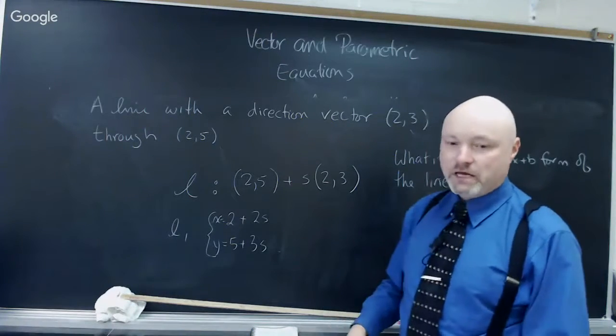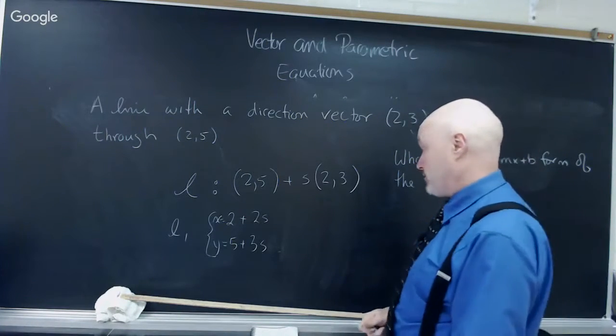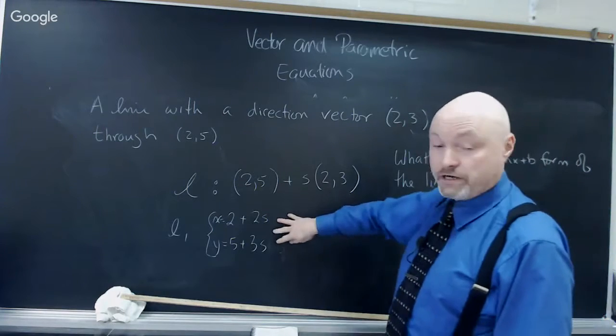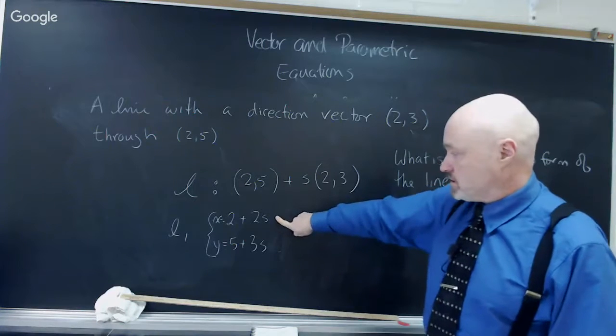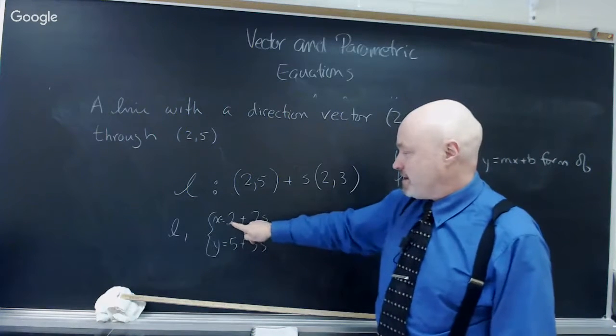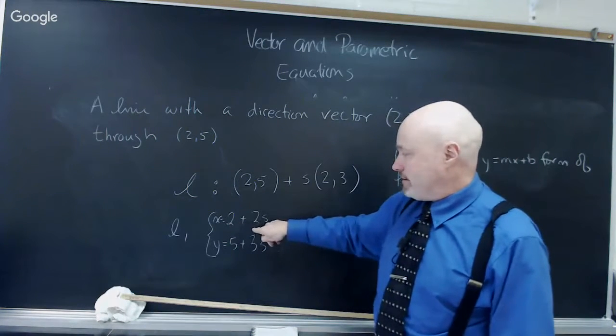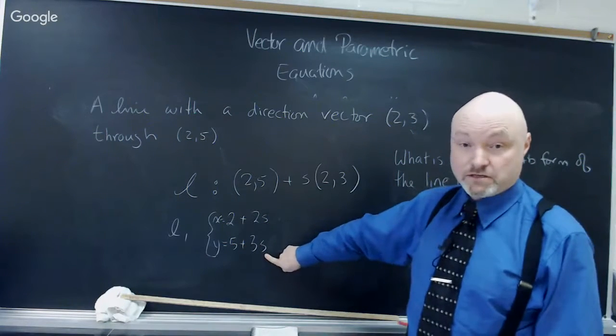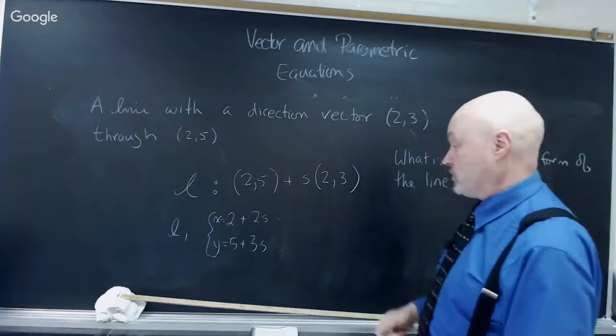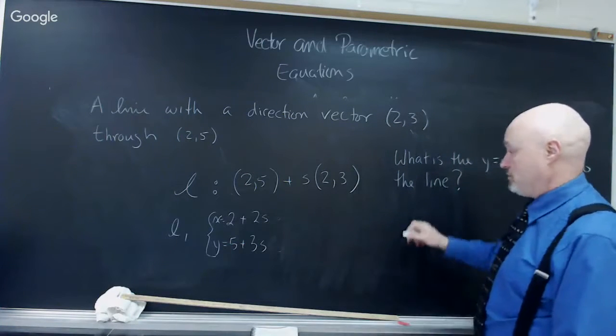And that winds up getting called the symmetric equation a little bit later on. And we use it in 3 dimensions as well as 2 dimensions. And so what I'm going to do is express s in terms of x so that I can substitute it down into this equation. And when we're all done, we'll get it in y equals mx plus b form.